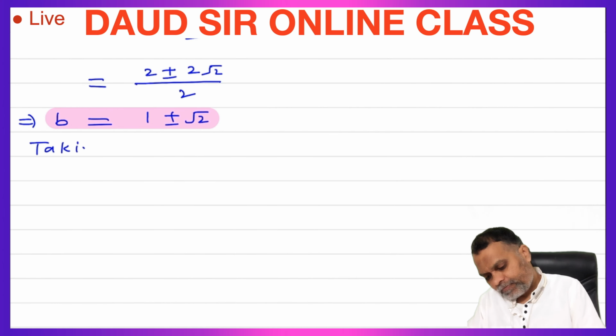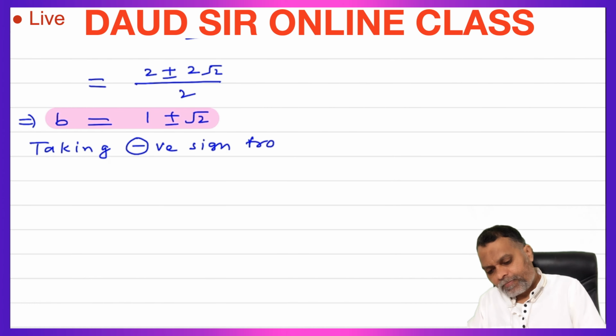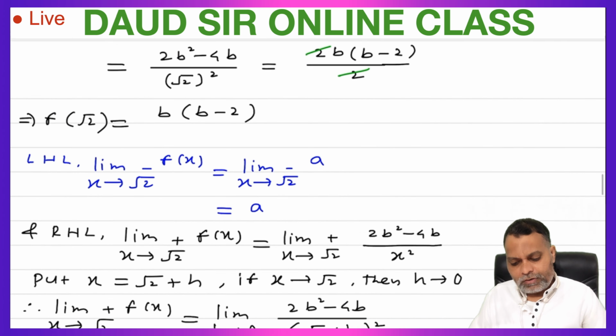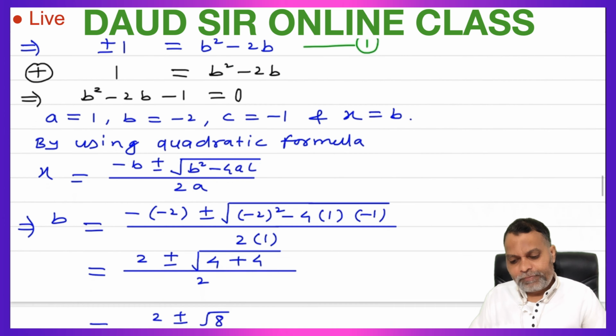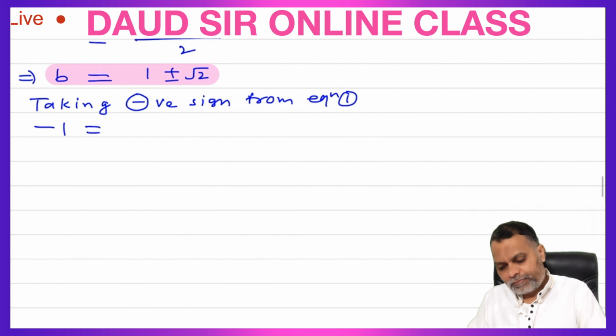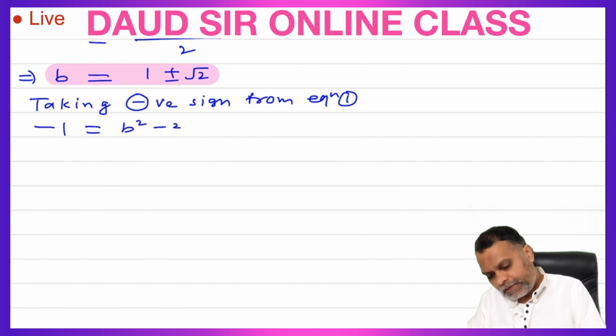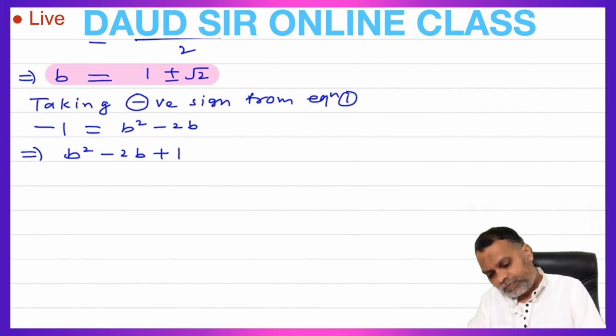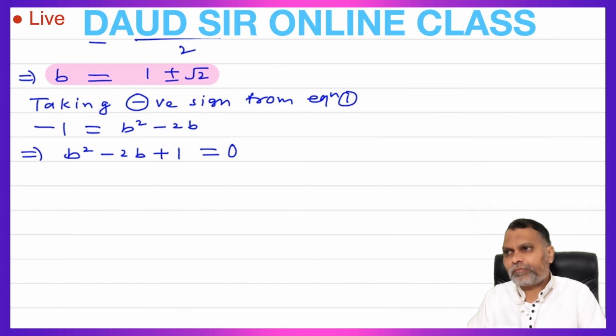Taking negative sign from equation first, so minus 1 is equal to b square minus 2b. Shift this one this side: b square minus 2b plus 1 is equal to 0.